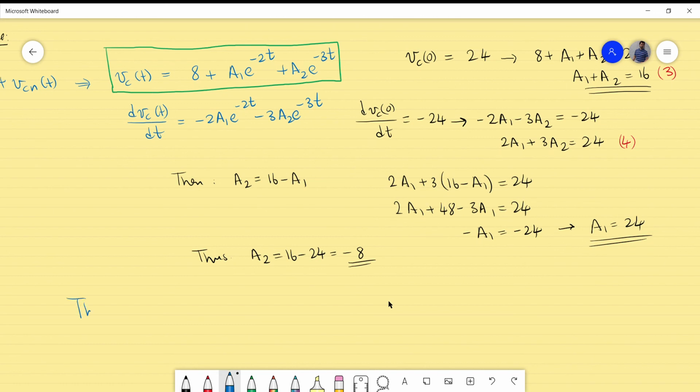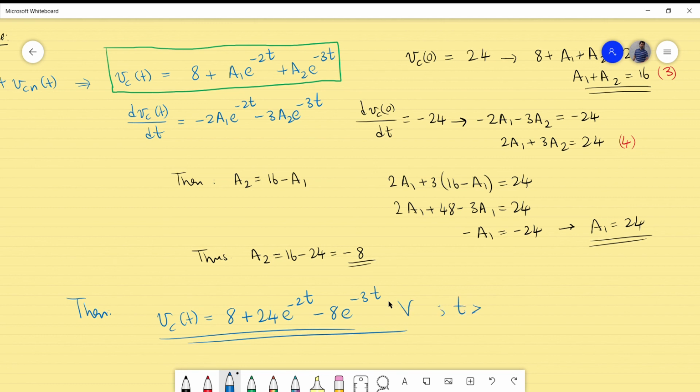Let's do it in blue: Vc as a function of time will be 8 plus 24 e to the power minus 2t minus 8 times e to the power minus 3t. And this is, of course, in volts, and this will hold for time larger than 0.